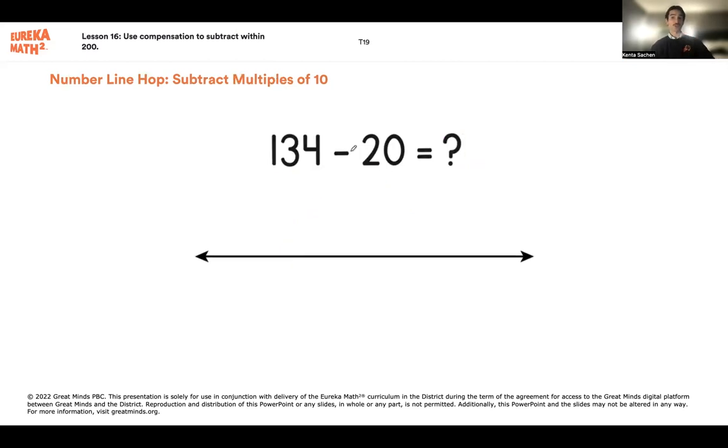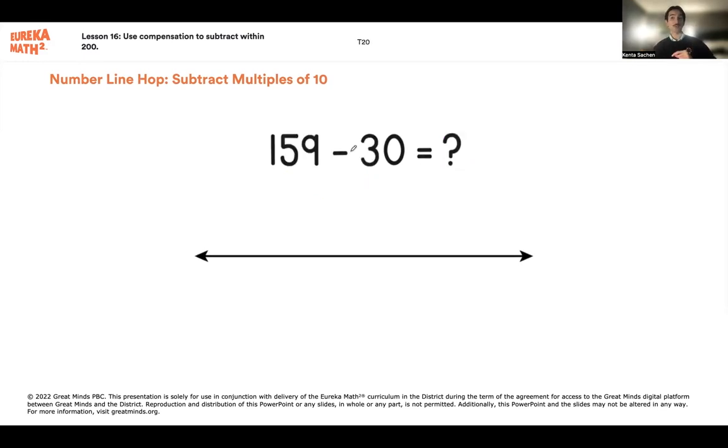Okay, how about 134 minus 20? Very similar problem. 134 minus 20 is equal to, Liam? Yeah, 114. Good job. Right, go from 3 tens to 1 ten. 134 to 114.